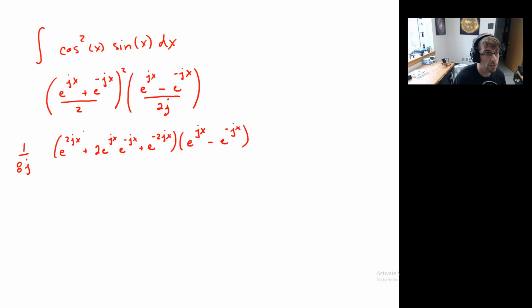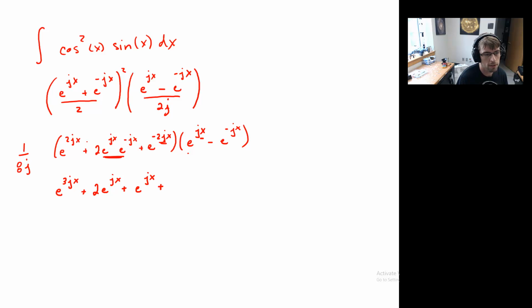We're going to have to FOIL this. So e to the jx times this, I get e to the 3jx. And then we notice that this gives me 1. So I have plus 2e to the jx, since now it's negative jx and positive jx. It's always nice. And then we have a couple more.